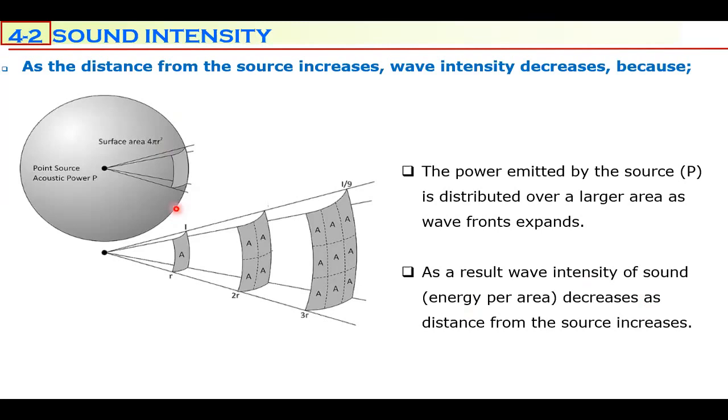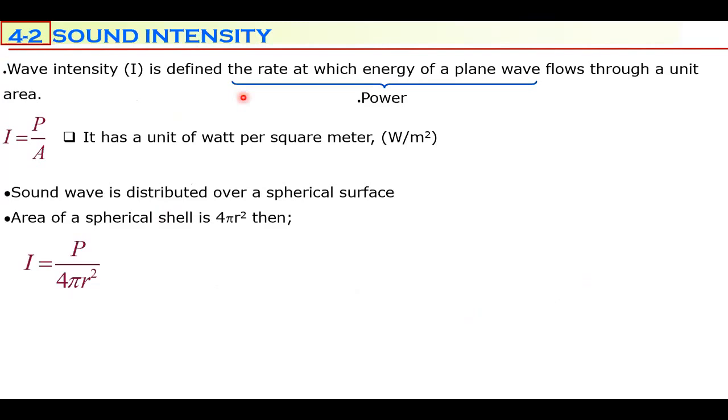The equation for calculating wave intensity is power divided by area. Wave intensity I is defined as the rate at which energy of a plane wave flows through a unit area. So power divided by area is the wave intensity.